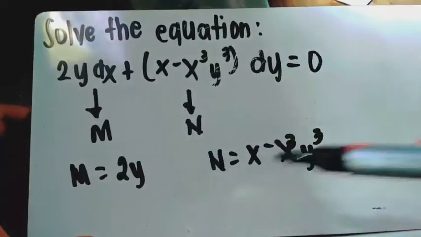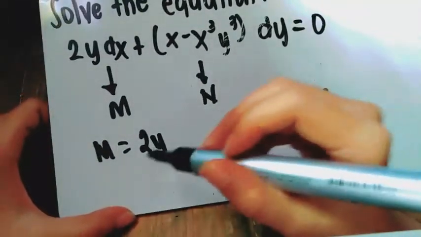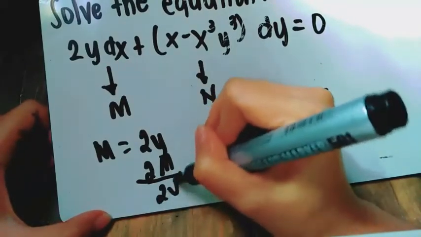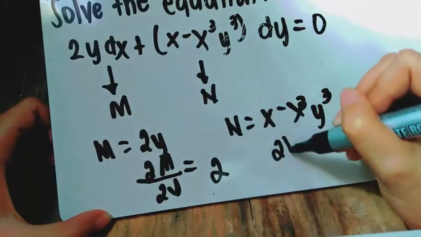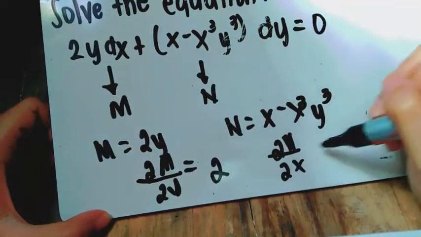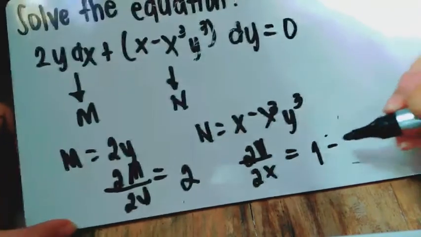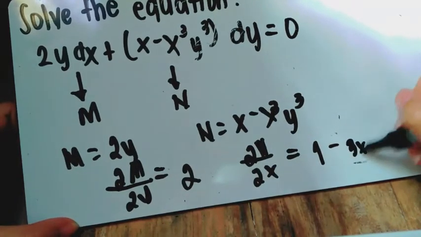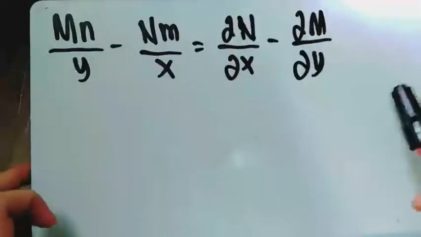After getting our m and n, we can now have our partial derivatives of m with respect to y, which is 2, and partial derivative of n with respect to x, which is 1 minus 3x squared y cubed.